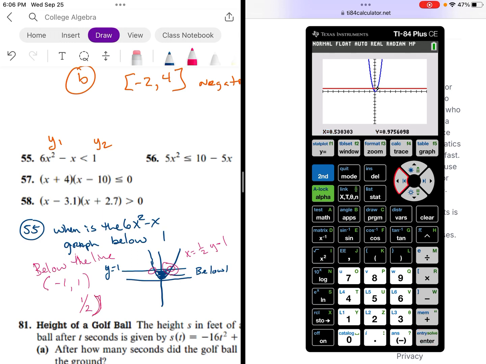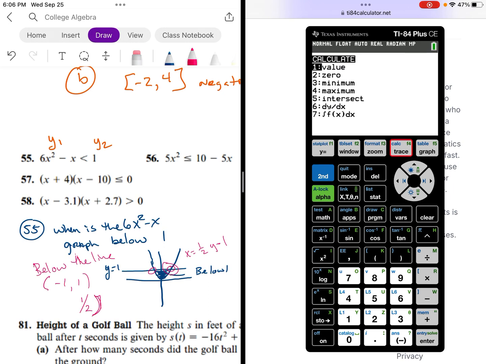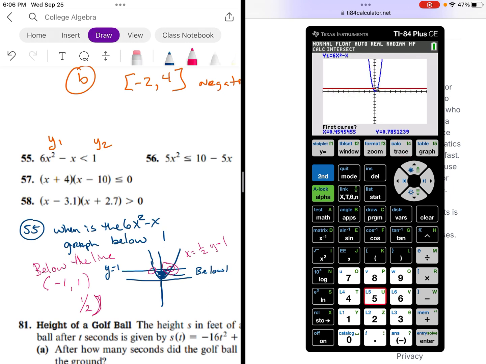And then let's go over to the other one. I'm just going to use the trace feature. And let's see. Let's try to intersect that better. This one's really tough. There we go.